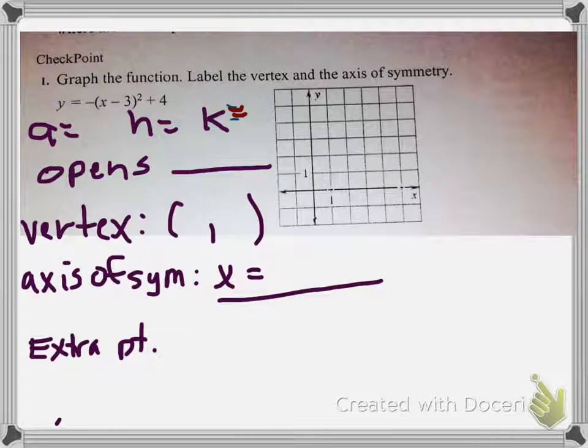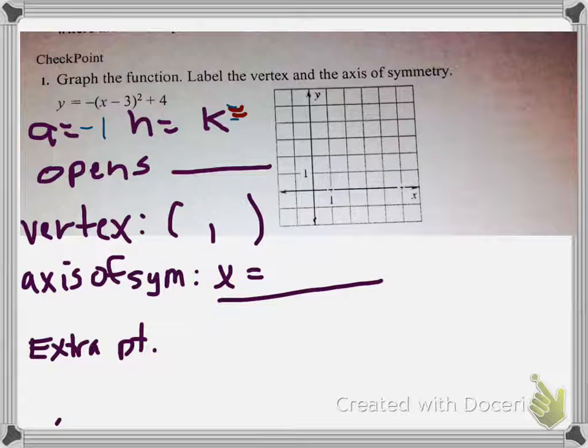So let's go ahead and take the time to identify your A, H, and K. Your A would be a negative 1.